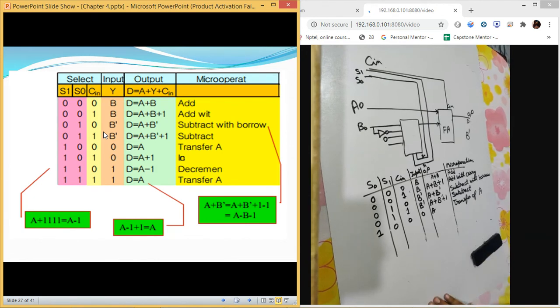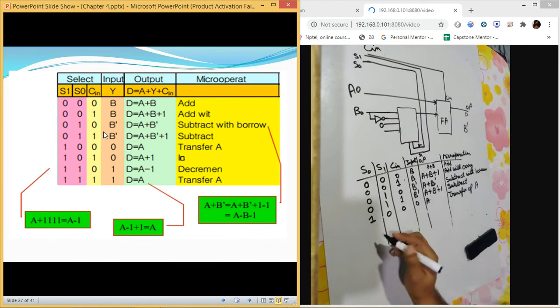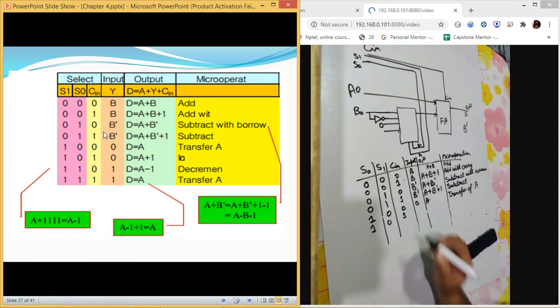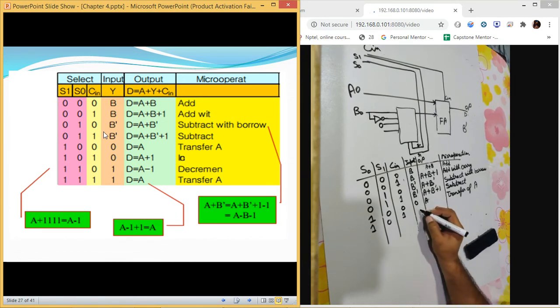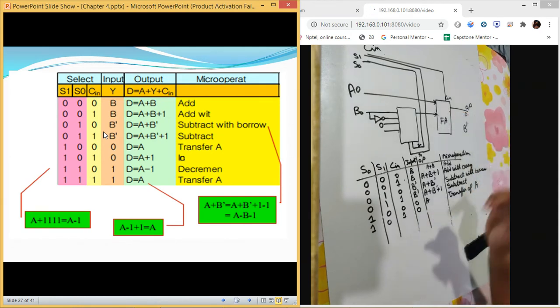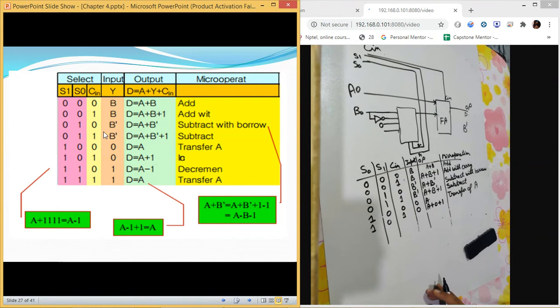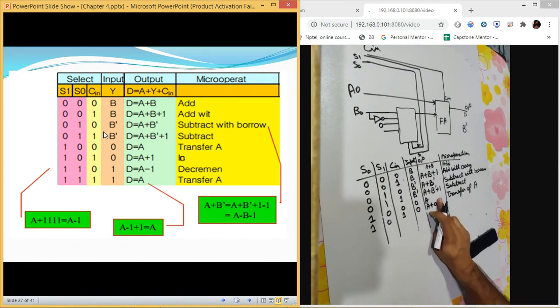Now after this, the next operation is 1 0. Now this is 1 and this value is again 0, but the carry value is 1. Now what is it going to perform? A plus 0 plus 1, which is simply A plus 1.